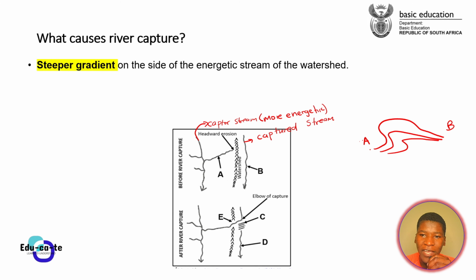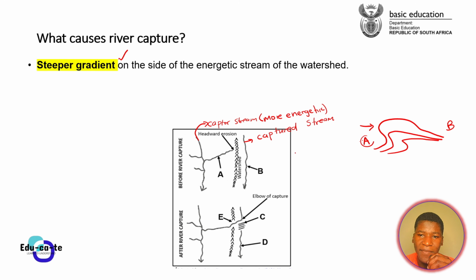So there is a steeper gradient on the side of the more energetic stream of the watershed. This steeper gradient will cause stream A to erode. You can see that it's eroding headwards through this watershed, causing it to steal the waters of the captured stream.